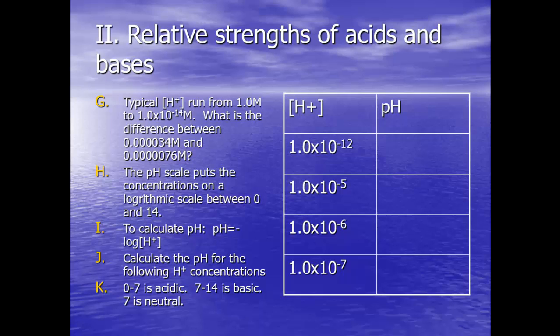So if we were to look at two different concentrations and ask what's the difference in those concentrations, we'd notice that it's actually powers of 10 as we move out. So the pH scale puts the concentration in a logarithmic scale between 0 and 14. This is something you may have seen before with your earthquake amounts.